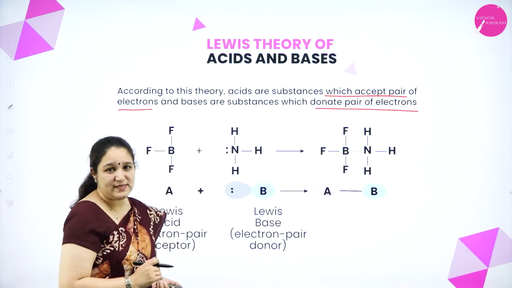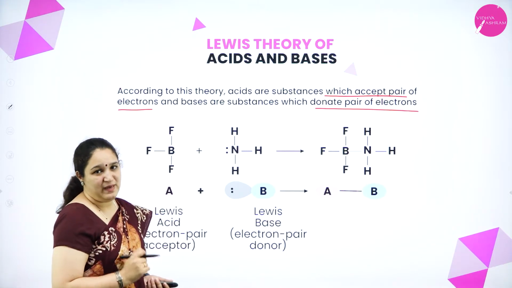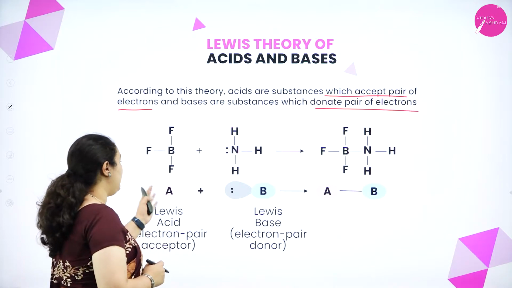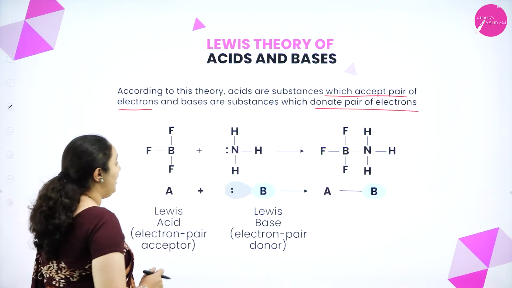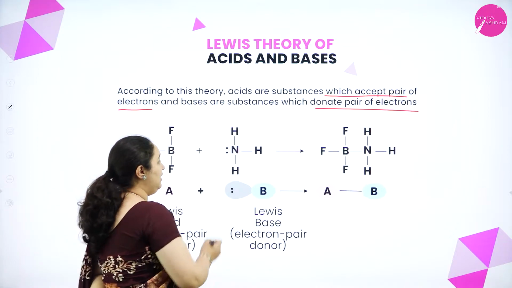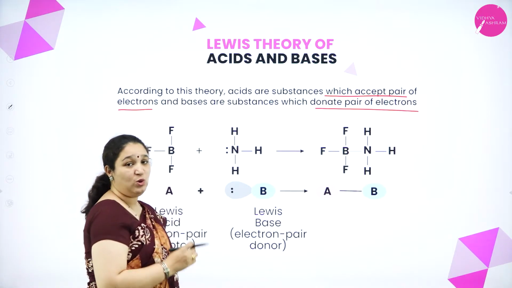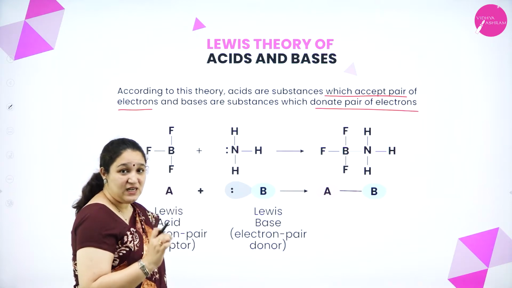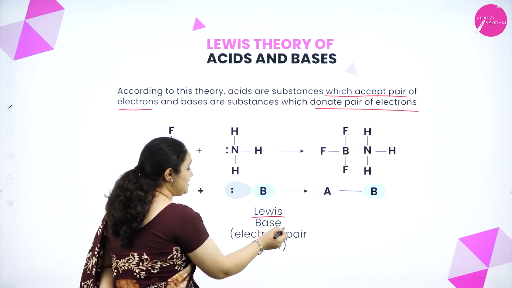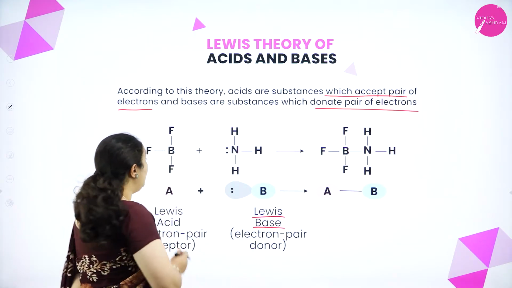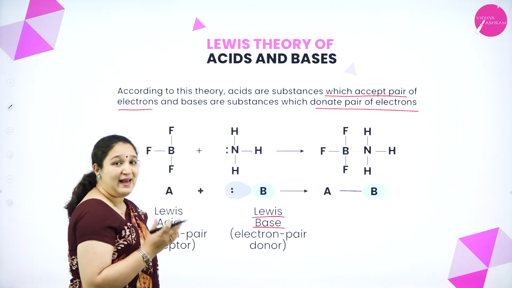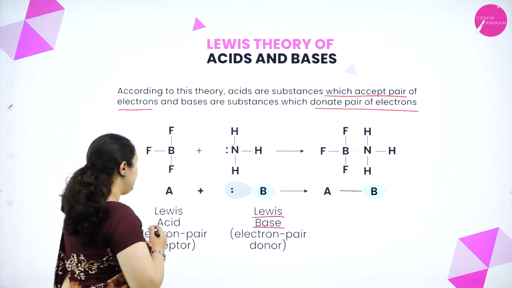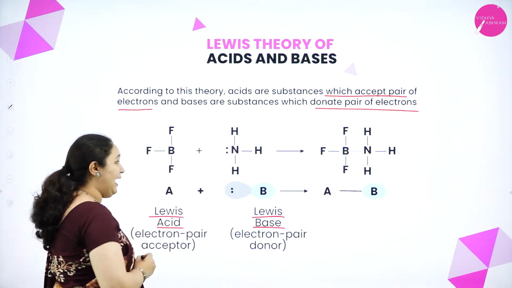To understand Lewis acids and bases, we'll take an example of BF3 with NH3. NH3, that is ammonia, has a lone pair of electrons which it can donate. Thus, it is a Lewis base. And BF3, that is boron trifluoride, boron can accept the electrons, thus it's a Lewis acid.